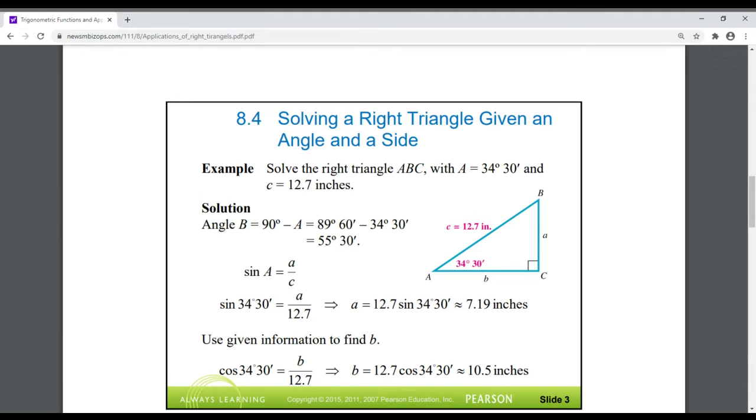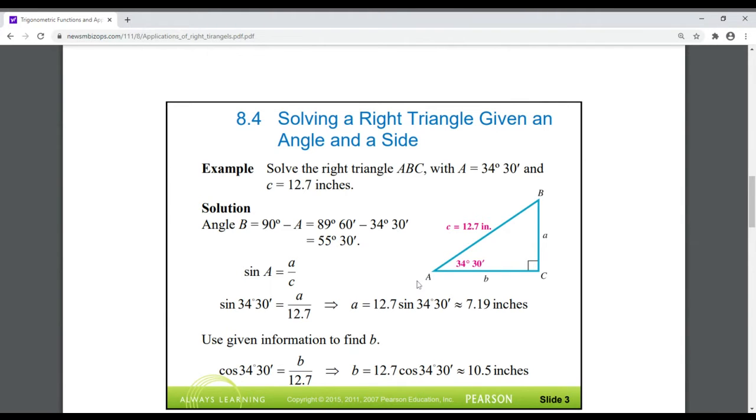For all of the triangle sketches, we use what's called standard labeling. And standard labeling for a right triangle or any triangle is that your angle measures should be in capital letters.